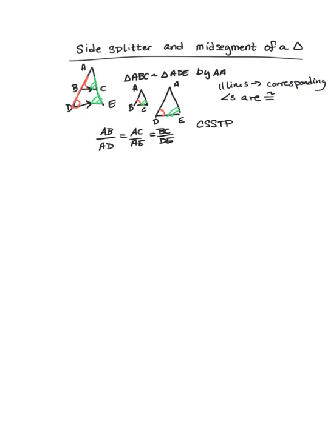Now, the mid segment is going to look like a side splitter because it is a side splitter. The difference is it's going to go from these midpoints. So this time around, I'm not telling you parallel.